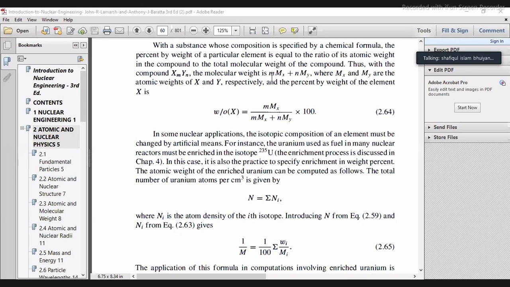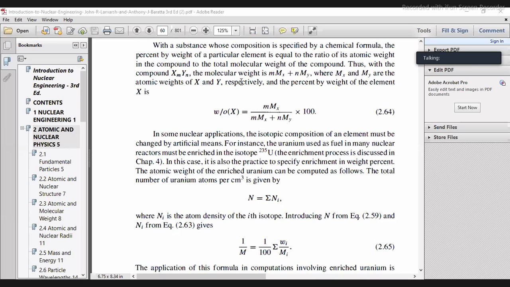The molecular weight will be m times the atomic weight of X plus n times the atomic weight of Y, where Mx and My are the atomic weights of X and Y respectively.